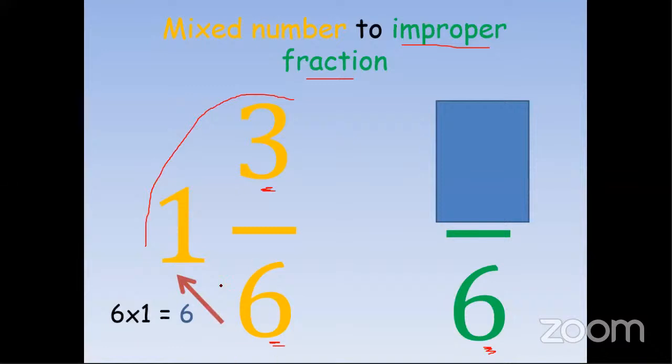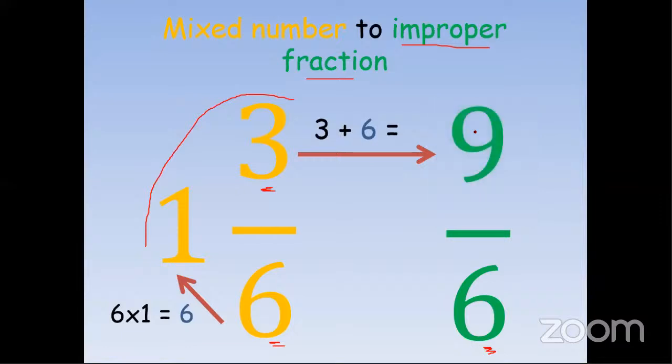So this will be 6 times the 1, and you get your 6. After that, you add what you have multiplied to the numerator, where we shall get 3 plus 6, and that will give us the final answer as 9.